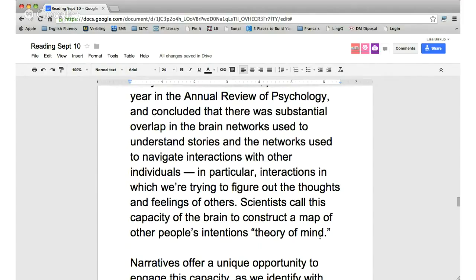Scientists call this capacity of the brain to construct a map of other people's intentions theory of mind.